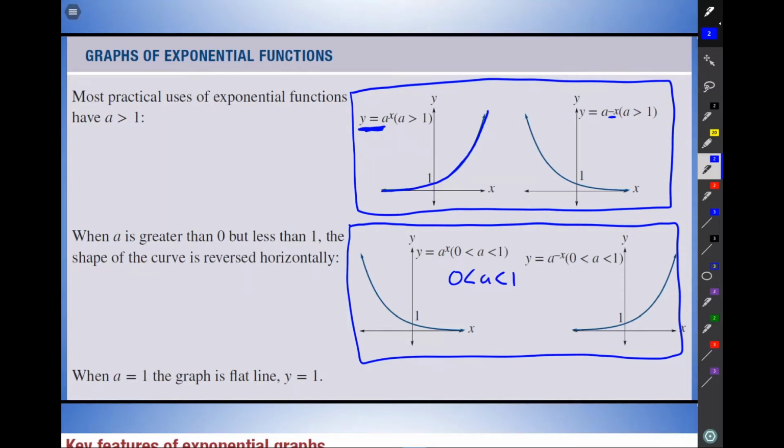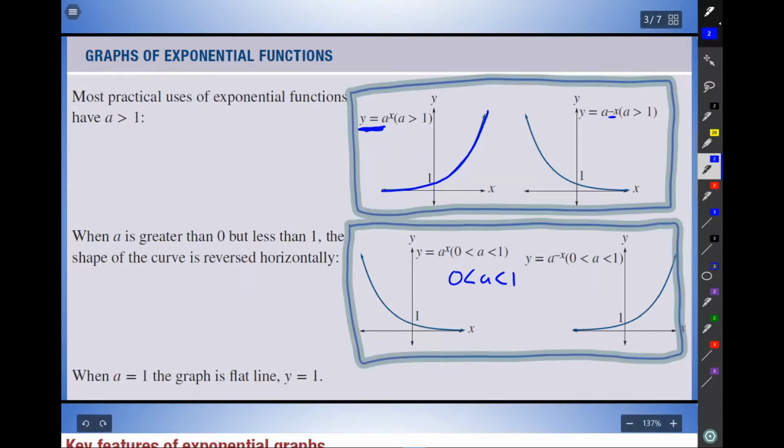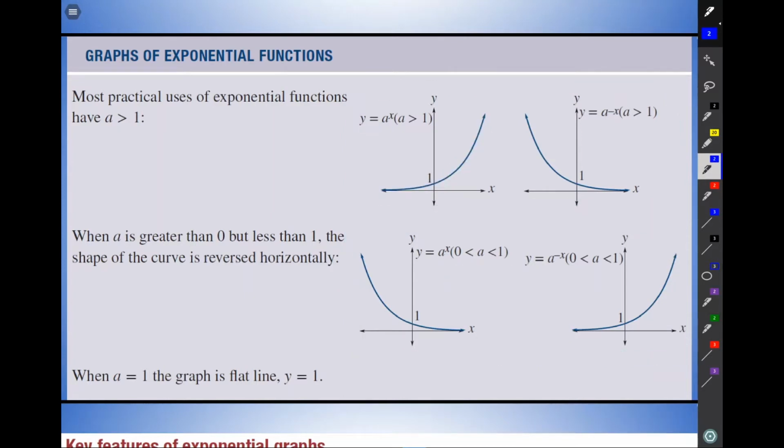That's essentially what that says. And it's probably also good to note this line here. If a is 1, then the graph will just be a flat line. It's kind of a special case.